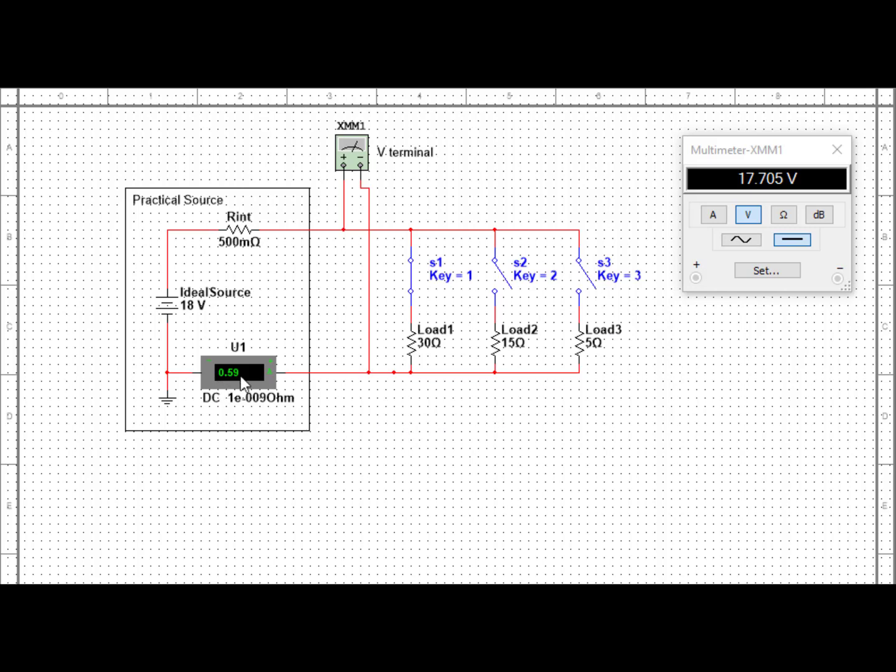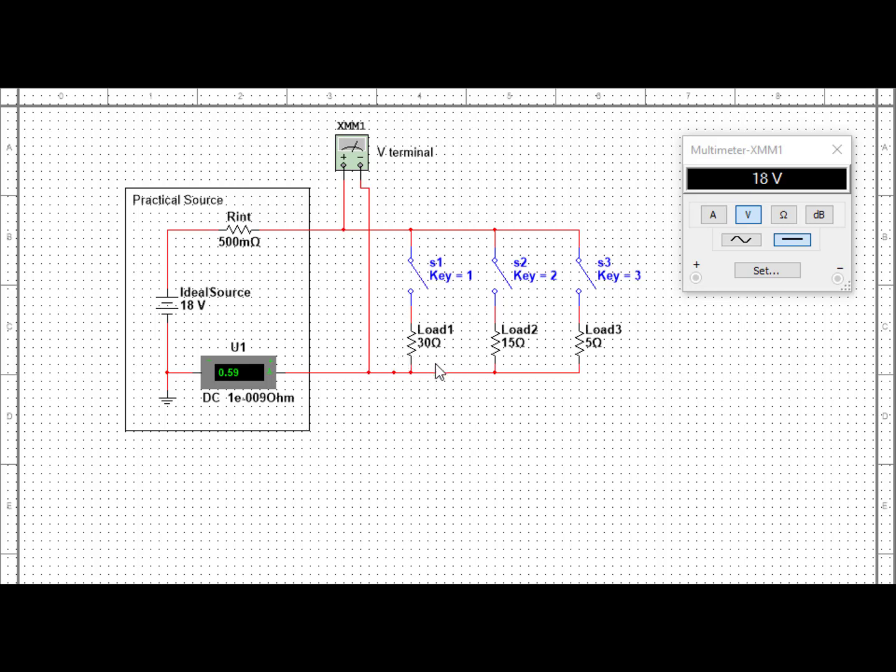And we can see we have 0.6 amps of current. We take that 0.6 amps, we multiply it by half an ohm, and that gives us 0.3 volts. And that explains why we've got less terminal voltage with current than we did when we had no current.